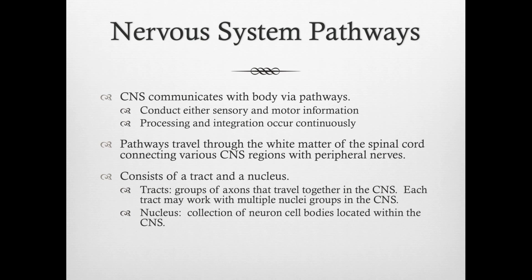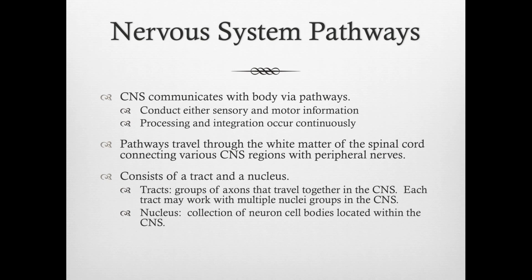So pathways are going to travel through white matter of the spinal cord and connect various central nervous system regions with the peripheral nerves that bring information in or take information away. Now, each pathway consists of what we call a tract and a nucleus. A tract is a group of axons that are going to travel together in the central nervous system.